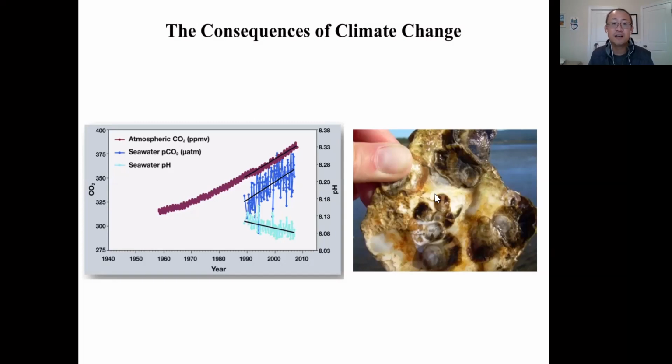We call that ocean acidification. You can see that the pH level of ocean water is going to decrease year by year. And the pH decrease will cause a lot of seashells, sea creatures, and coral to start to dissolve.